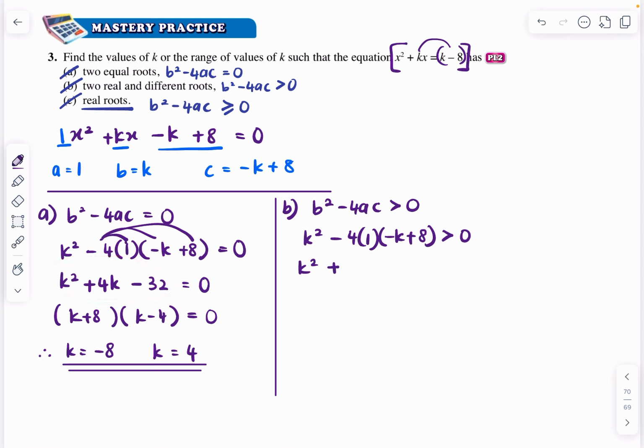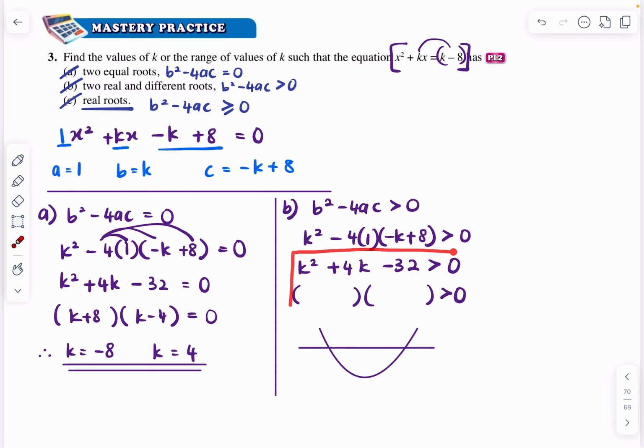So k square plus 4k minus 32 more than 0. So this is a quadratic inequality. Whenever you have a quadratic inequality, you must draw the smiley face like this. Always. It doesn't matter if it's b square minus 4ac more than 0 or whatever. Every time for a quadratic inequality, we must draw this graph. It always stays the same.